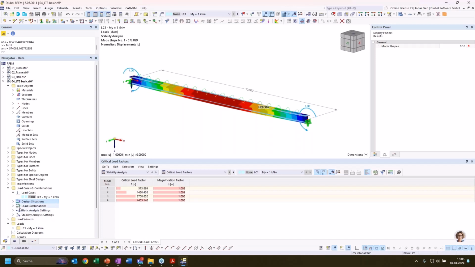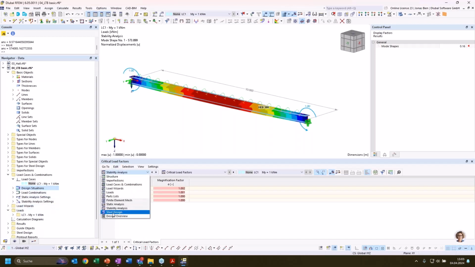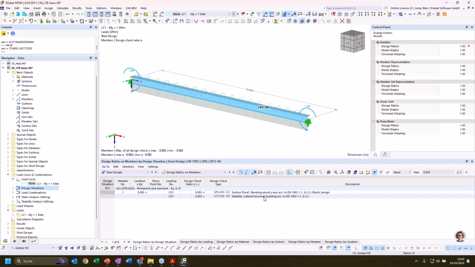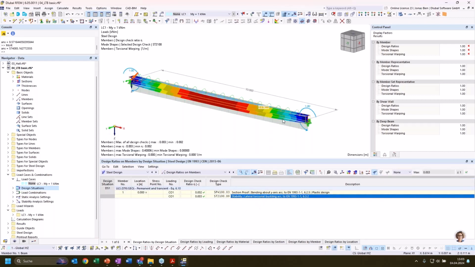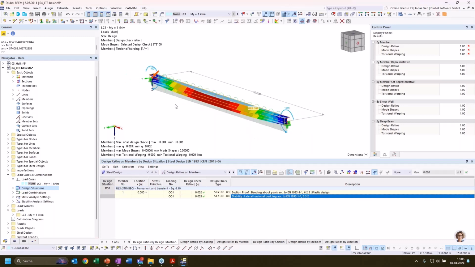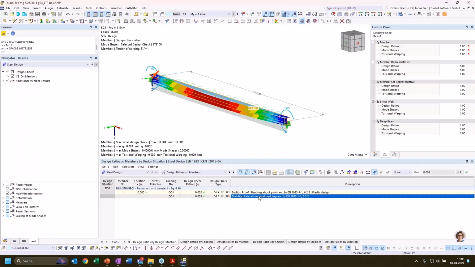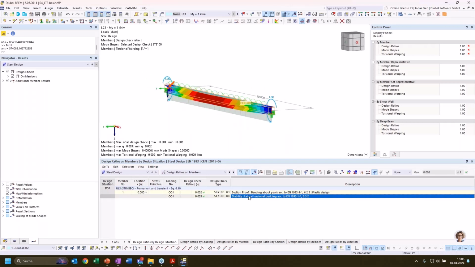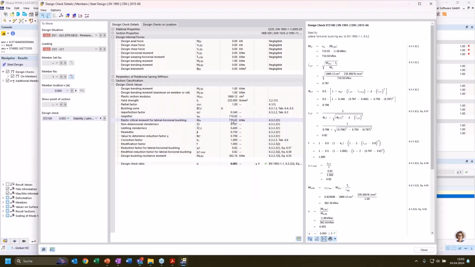But in the design add-on, let's check the result here. We have now the check for lateral torsional buckling here. We can also see what the relevant mode shape would look like if we click on this design details. And if we double click on the design details, we can also check what value for Mcrit is evaluated in the internal eigenvalue analysis.